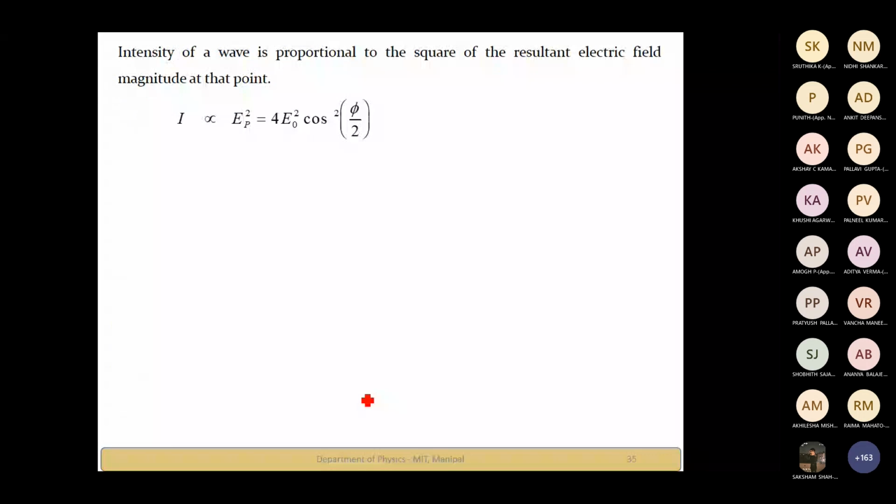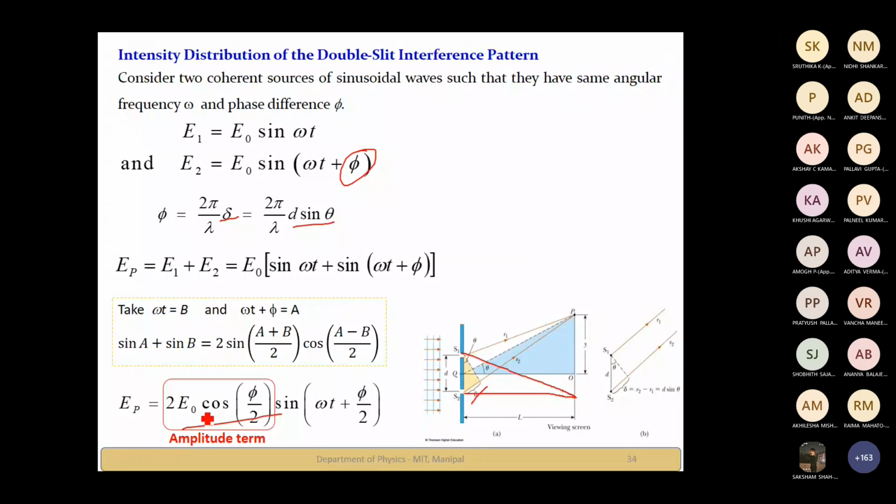So once you know the amplitude, getting the intensity is not difficult, right? Our aim is to find the equation for the intensity which can describe the pattern over the viewing screen. We all know that intensity is proportional to the square of the amplitude, right?